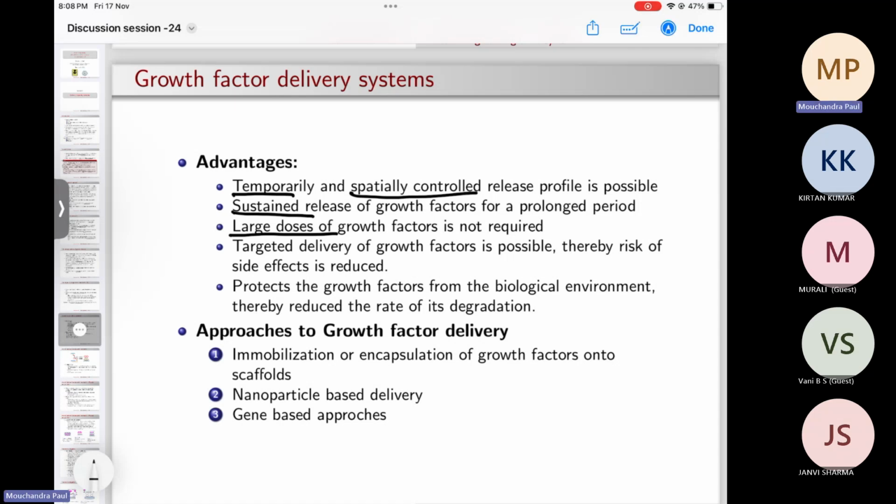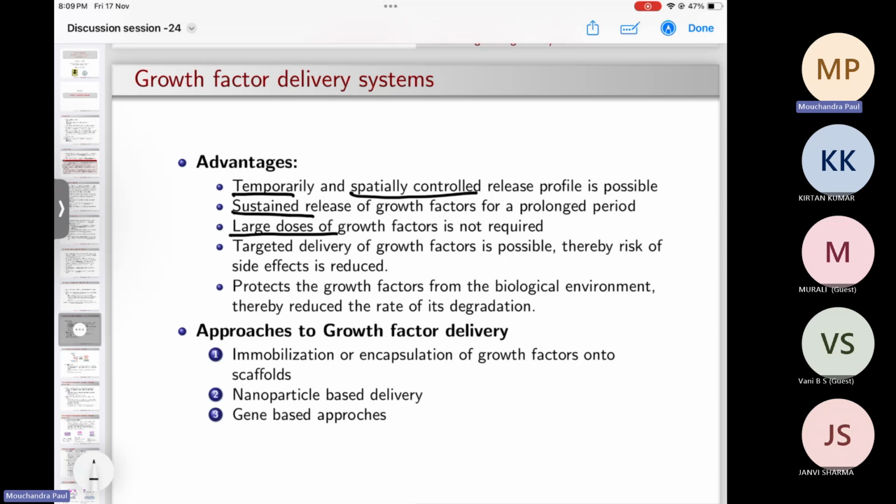We can work with smaller concentrations as well, because when you talk about the source of these growth factors, they are usually recombinant proteins, or they can be taken from another patient, maybe from serum, etc. And they are purified through various processing steps.